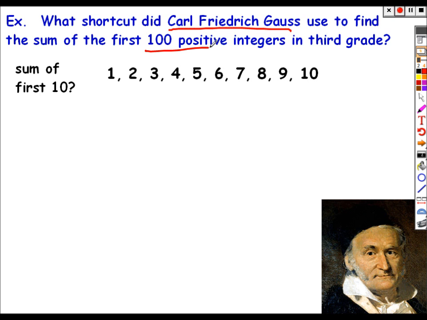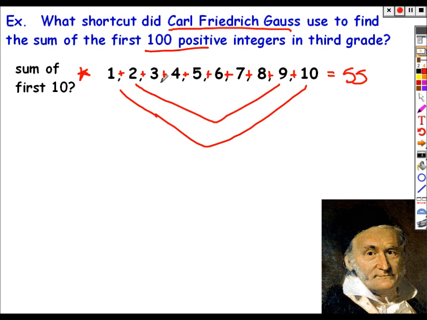So I want you to think about how would you find the sum of the first 10 terms. And I'll tell you, if you add these up, the sum should be 55. So think of, is there any way that you could group these terms to come up with that 55 a little bit faster? Now maybe you're seeing what I've connected here.